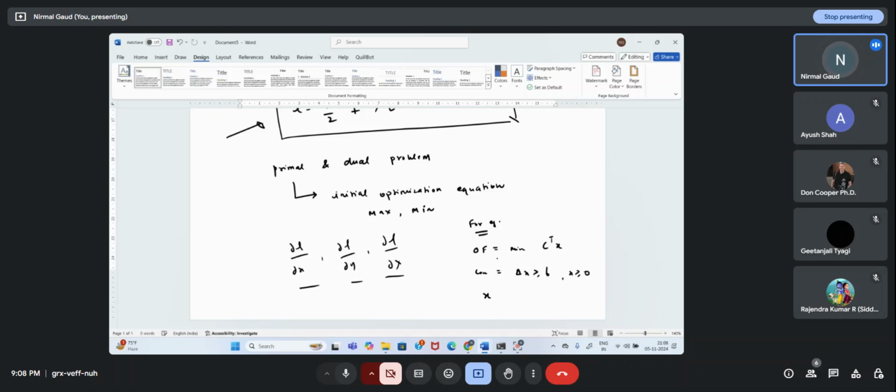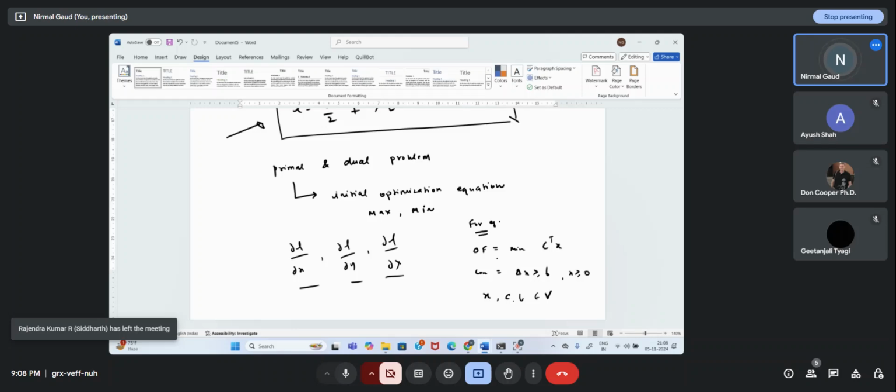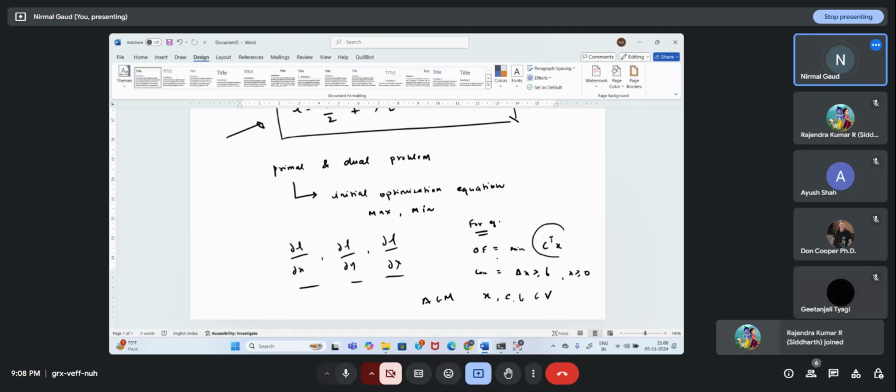Here x, c, b all are vectors. A is a matrix. So I can have any objective function. I can have a constraint equation that refers to my initial optimization problem. So let's call it the primal problem.